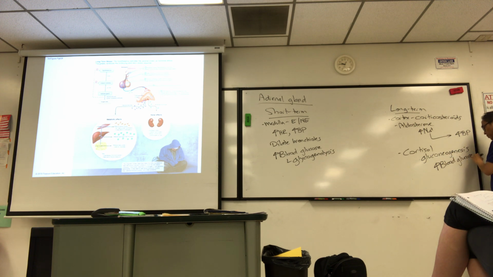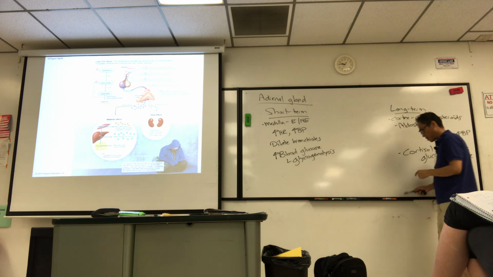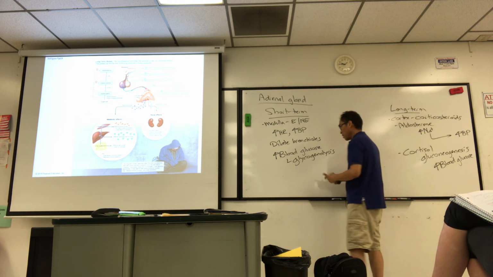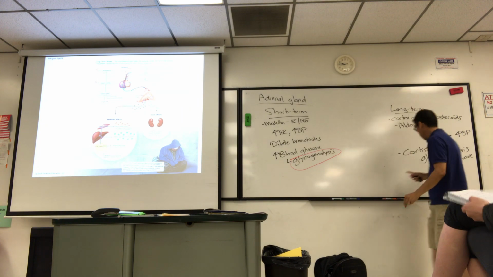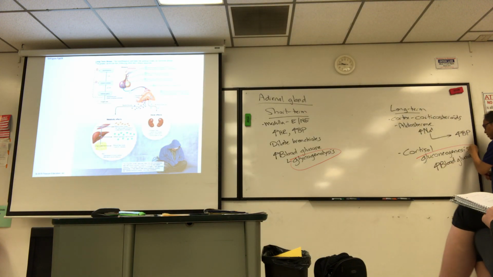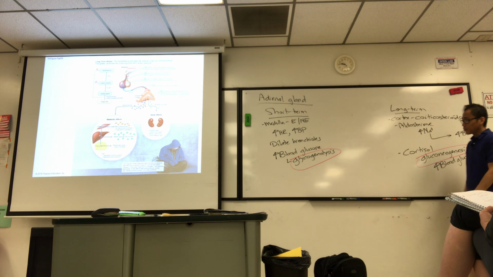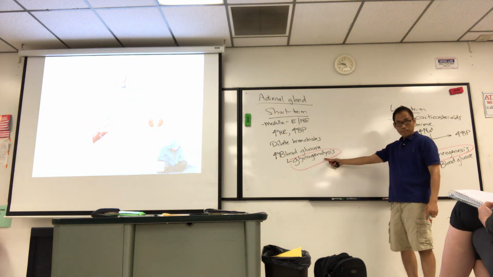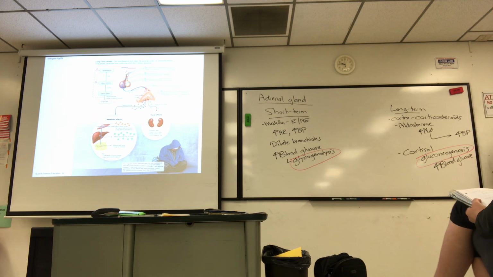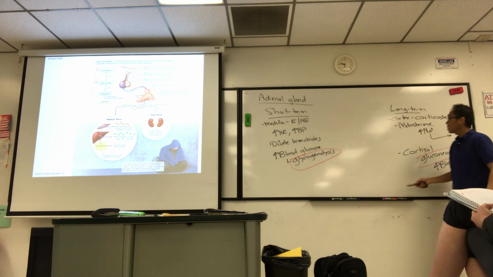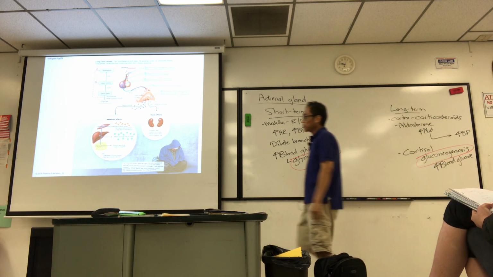But I'm hoping that you're going to see that glycogenolysis increases blood glucose. Gluconeogenesis increases blood glucose. Are those two words the same thing? No. The answer is no. This one, you're breaking down glycogen stores. This one, you're not. You're getting it from other sources.